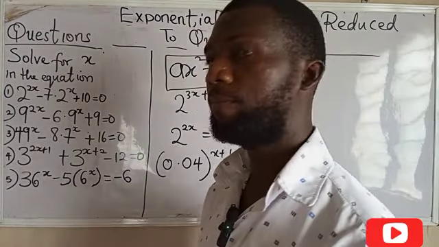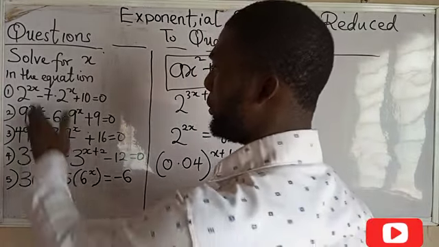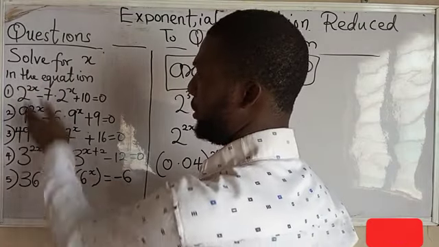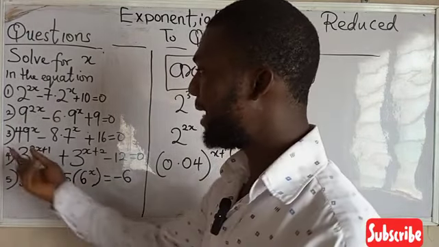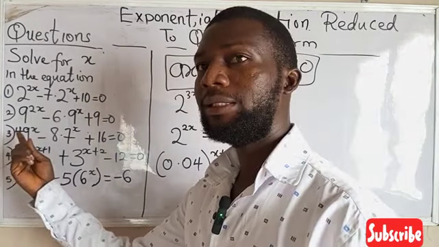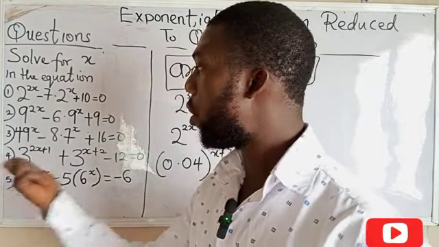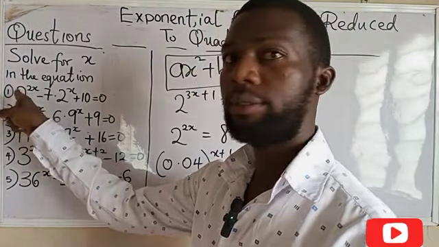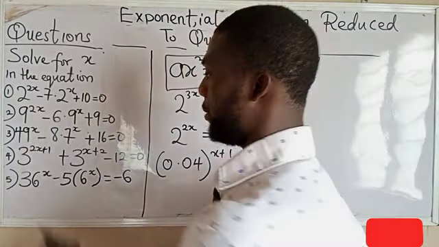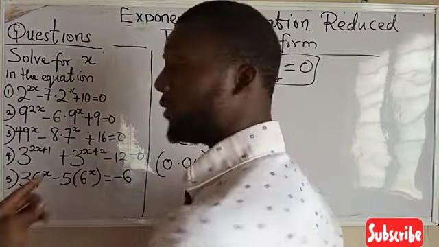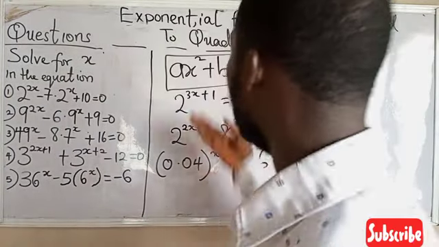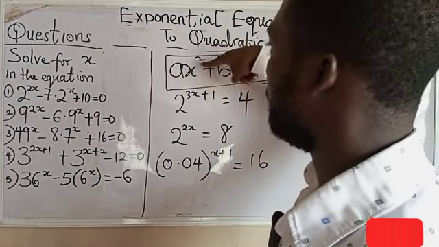Then secondly, you will observe that the first term is either a number that can be broken down to its square, or its square. Let me put it like this. For example, 36. Let's not forget that in a quadratic equation, the first part is always raised to power 2.